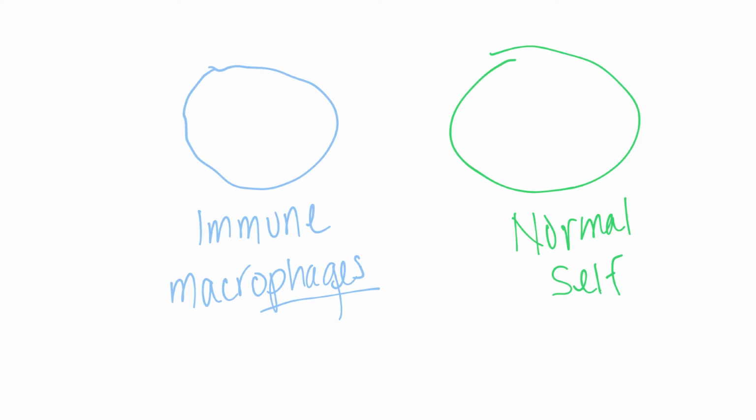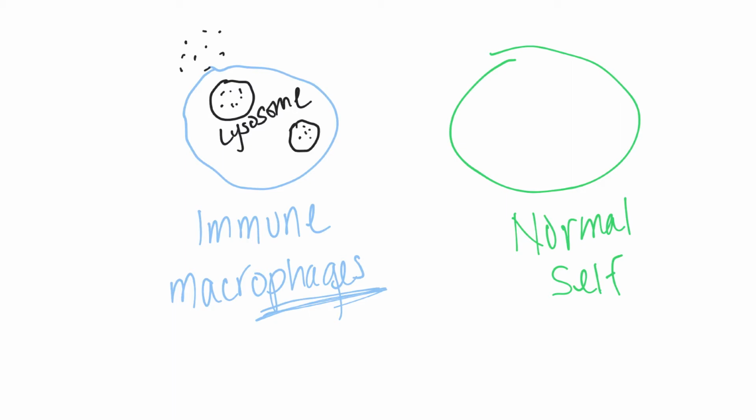When an immune cell specifically, so something that is in charge of policing the body, looking for various pathogens, when it encounters a pathogen, it is going to take that pathogen in, do its very best to digest it in the lysosome, so the stomach of the cell, and then it's going to display a portion of that pathogen on something very similar to a flagpole. And we refer to this flagpole as an MHC. We'll go over that more in a little bit.